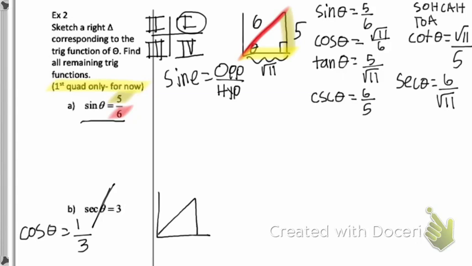Remember, cosine is adjacent over hypotenuse. So 1 will be here, adjacent. Here's theta, by the way. And the hypotenuse will be here, the largest side. Let's highlight it. So this is adjacent here, and the hypotenuse is 3, just here.